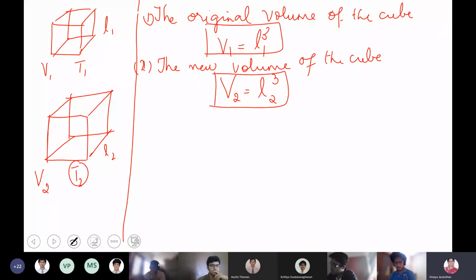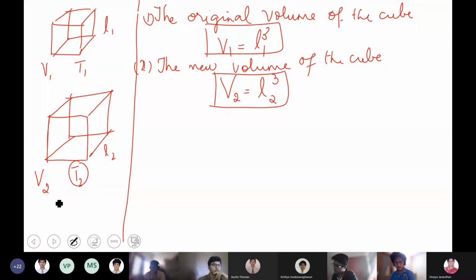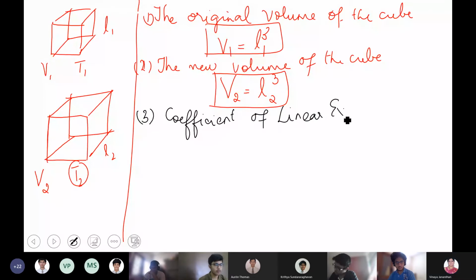Now we'll go for the coefficient of linear expansion. What is the formula for the coefficient of linear expansion? What is an expression for alpha?